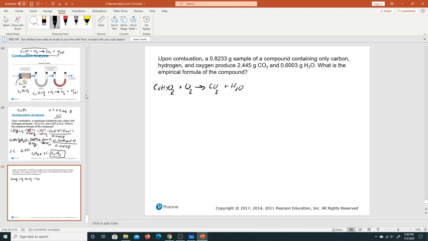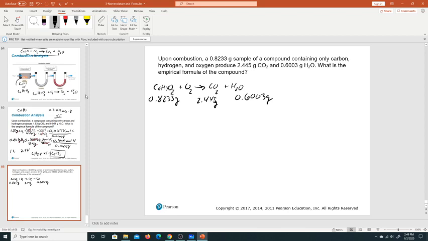The original mass here is 0.8233 grams. We produced 2.445 grams of CO2 and 0.6003 grams of water.